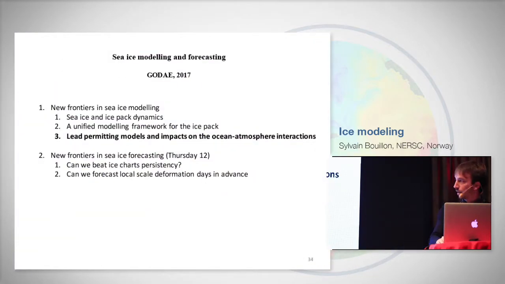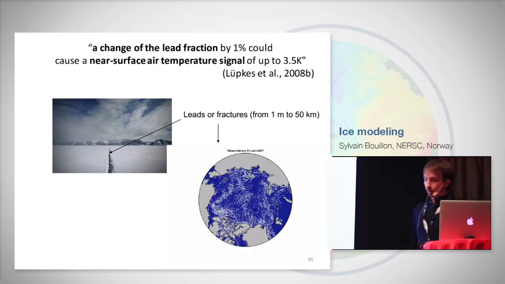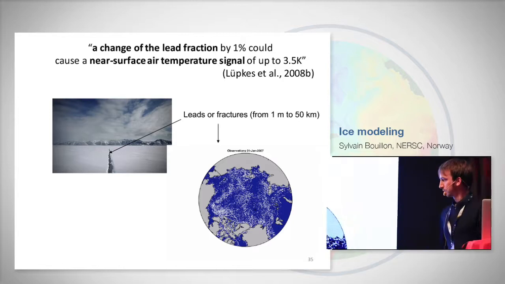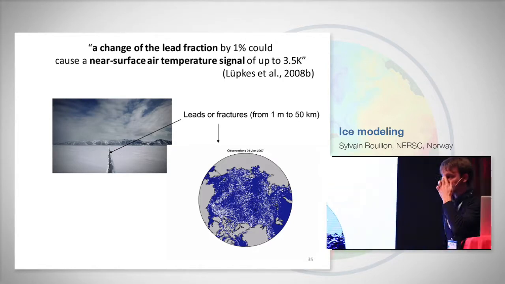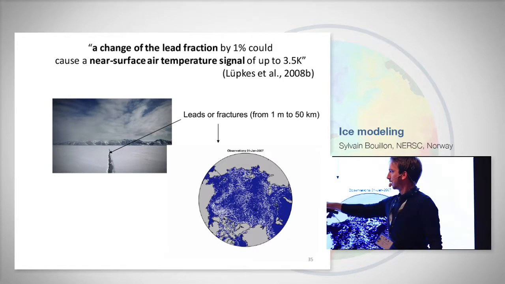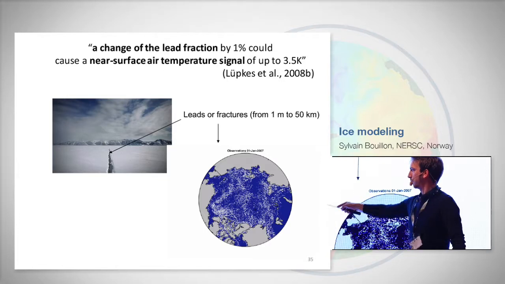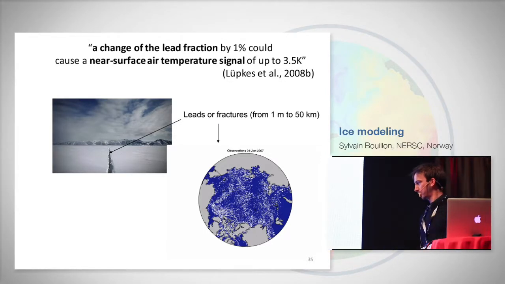So now I'm coming to the last part of the talk. It's important with the divergence because it will open leads in the model output. And those leads can be observed in situ, but they can also be observed from space. At least the largest ones can be observed from space.